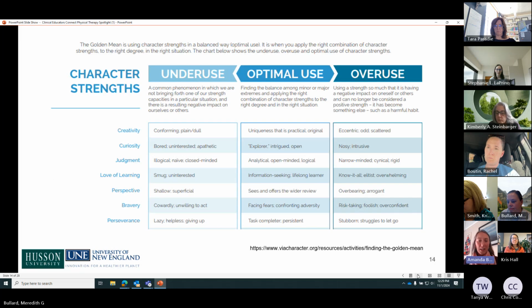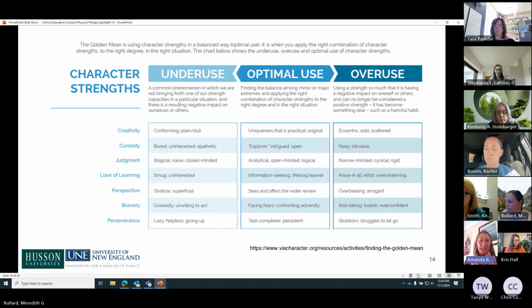This gives you an example of something from the VIA Character Strengths.org website. This is called the Golden Mean tool. This is the specific tool that we ask students to use when they're reflecting on their weekly planning forms about their top character strengths. Specifically with the affective domain, a student might be talking too much to their patients, and this is causing a sequela of problems.